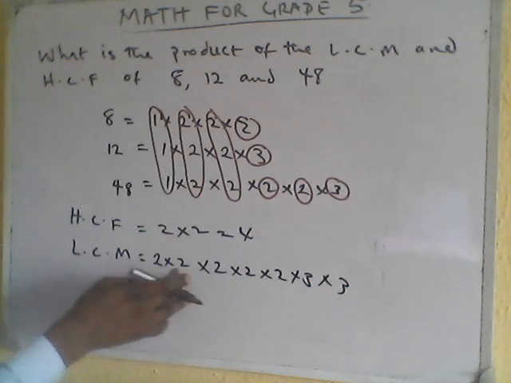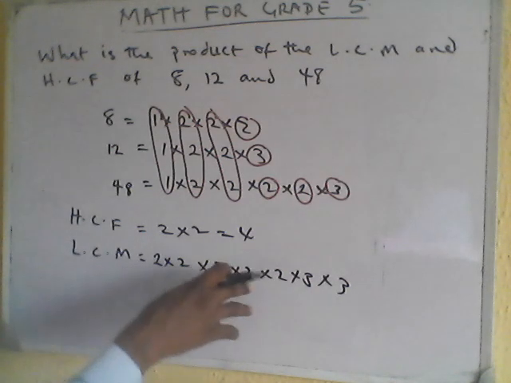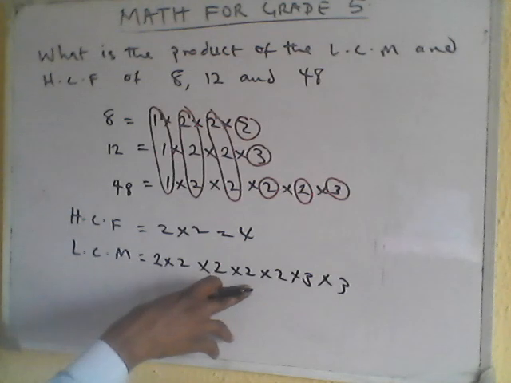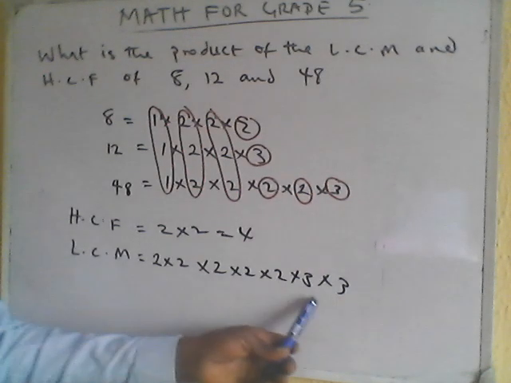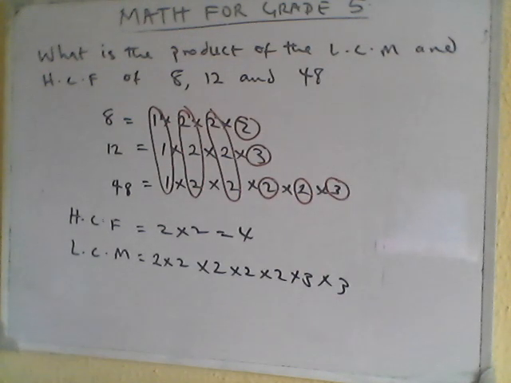So 2 times 2 is 4, 4 times 2 is 8, 8 times 2 is 16, 16 times 3 will give me 48, if I'm right.